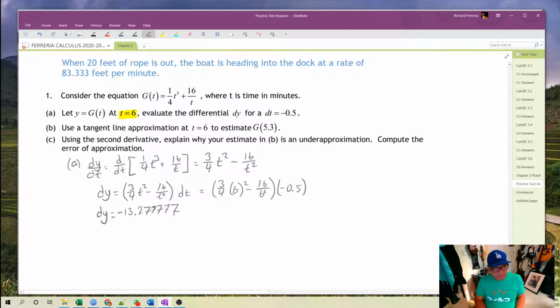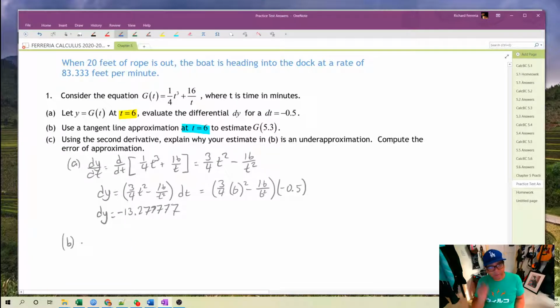Part B, we use a tangent line approximation at t equals 6, again, that's also important, to estimate g of 5.3. So let's talk about what a tangent line equation looks like in calculus.